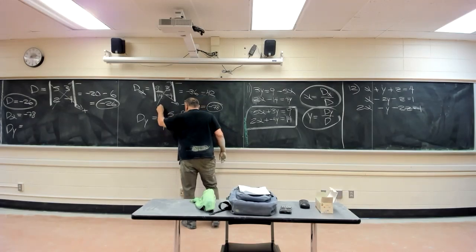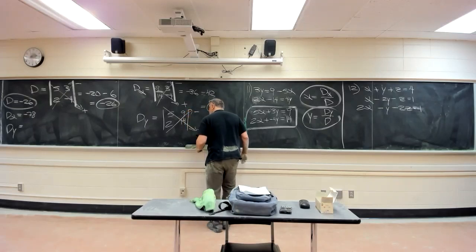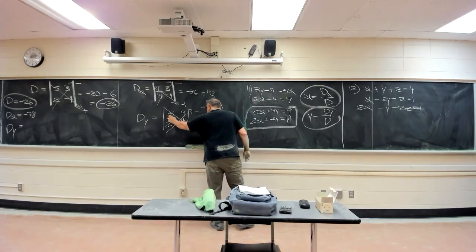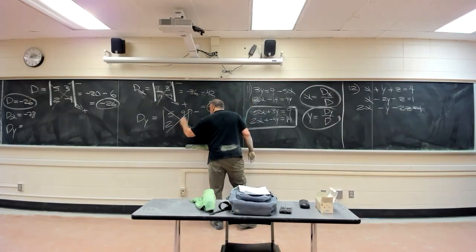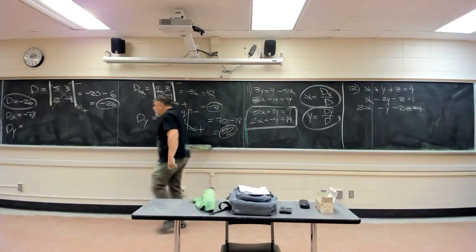And play the game. Five times 14 is 70. 2 times 9 is 18. That gives 52.